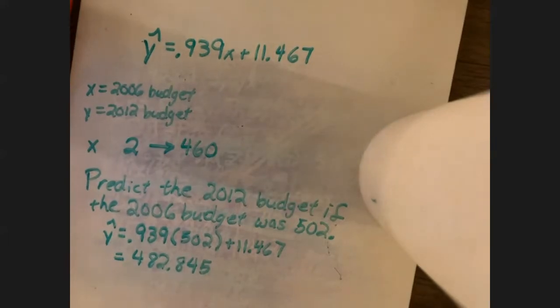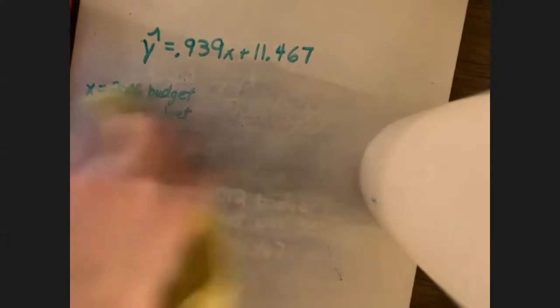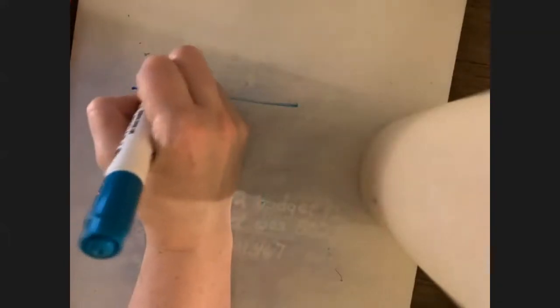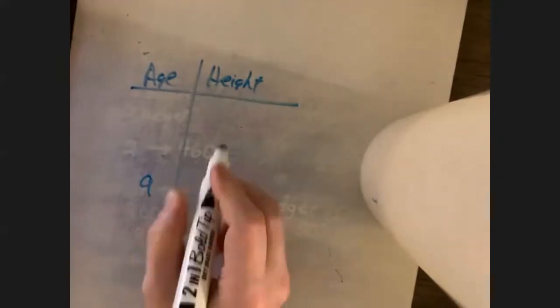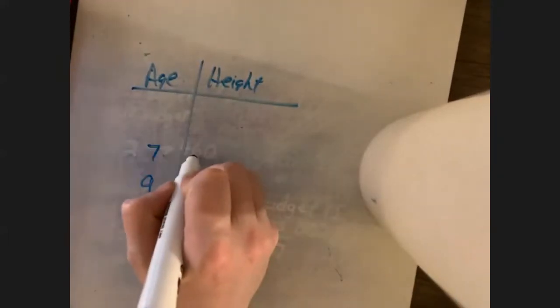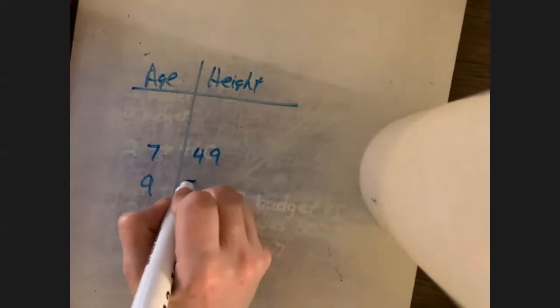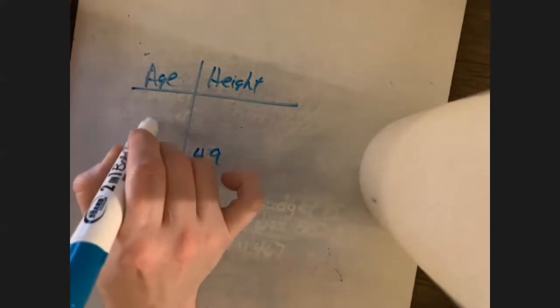Again, going back to the children example I was talking about, let me give an example here. I know he was 49 inches tall here. He's put on another 3 inches now.